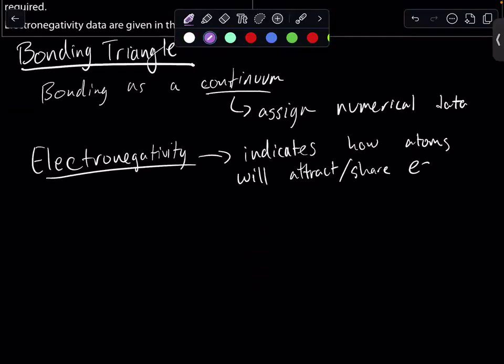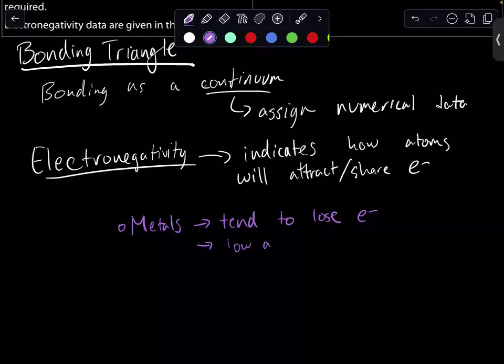When we consider electronegativity, we have to consider the two different types of elements. So we have metals, which tend to lose electrons. They have a low attraction to additional electrons. So all in all, these generally tend to have very low electronegativity.